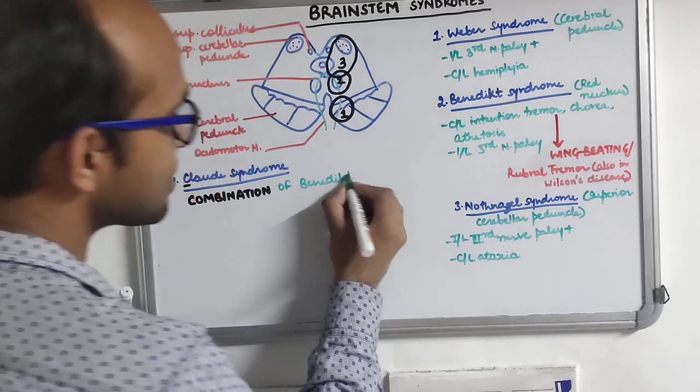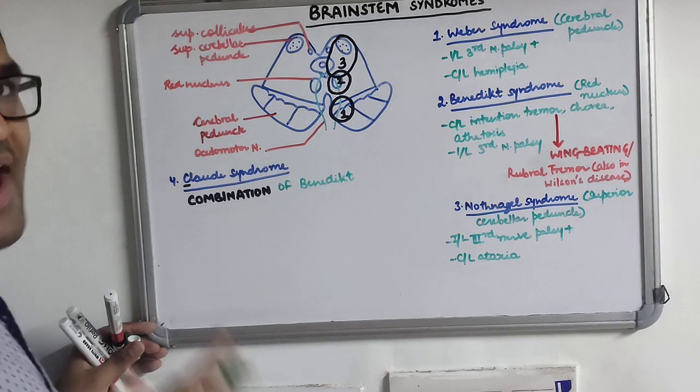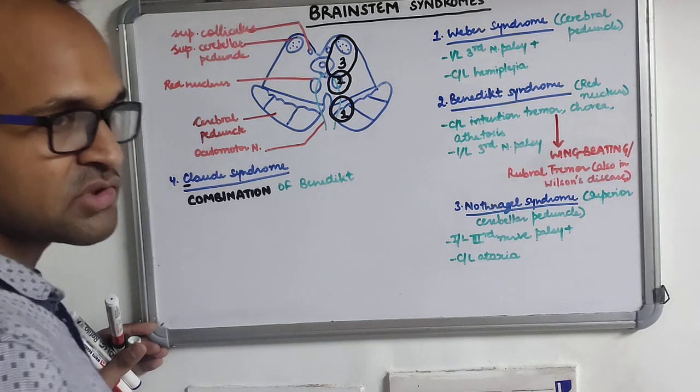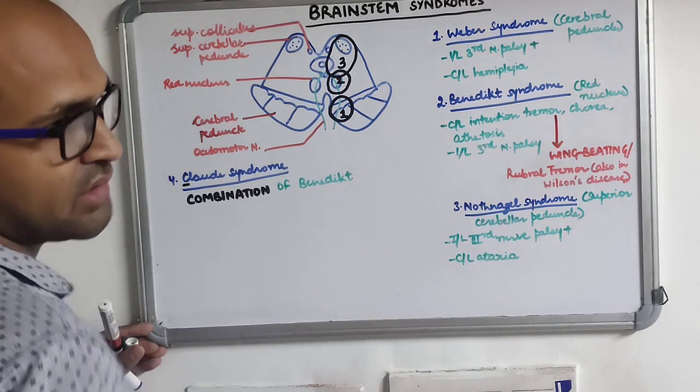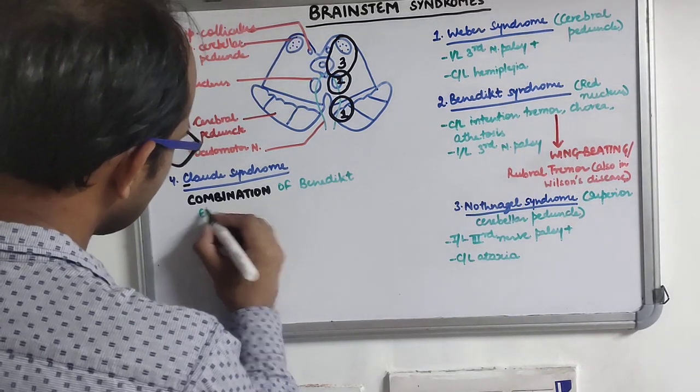That means there occurs injury to both the red nucleus as well as the superior cerebellar peduncle. So the complex symptoms of Benedict and Nothnagel syndrome occur.